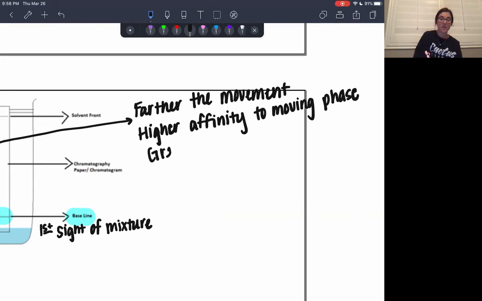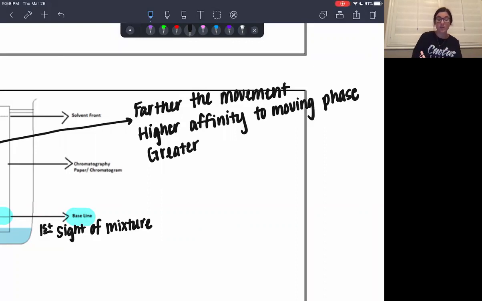Now there's another way that you could think of this too. We could say, okay, because it's moving with the moving phase and it's going farther, that means it's sticking with the moving phase farther. So we could attribute that to it being attracted to the moving phase. We could also say that it's unattracted or maybe even repelled from the stationary phase.